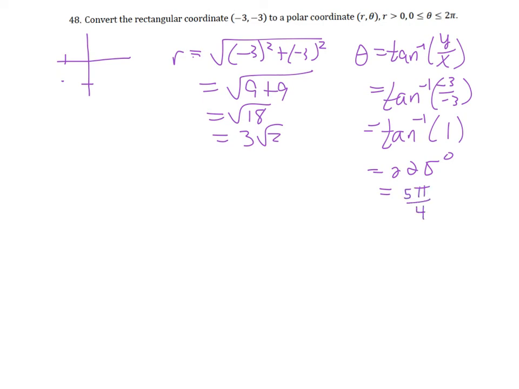Okay? So our polar representation, our r theta, is equal to 3 radical 2 and 5 pi over 4. And there you go. Those are your vector polar complex problems.